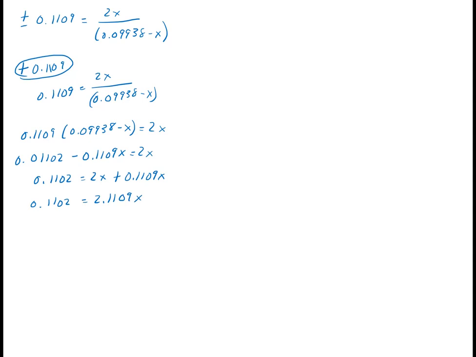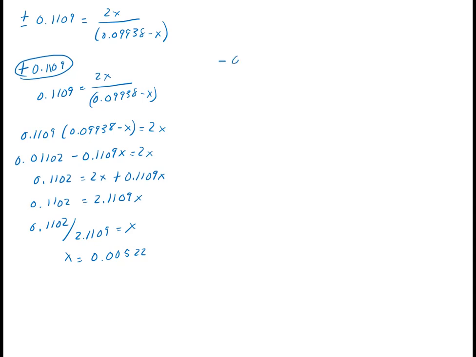Divide both sides by this 2.1109, so I get 0.1102 divided by 2.1109 is equal to x, and x then ends up being 0.00522. Okay?